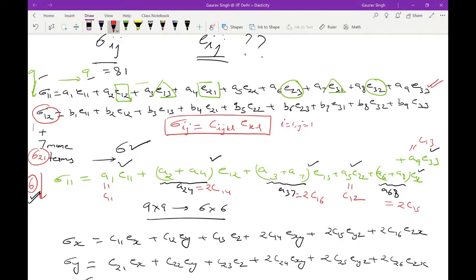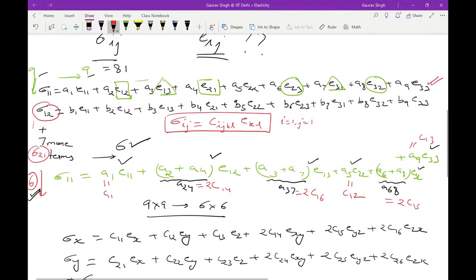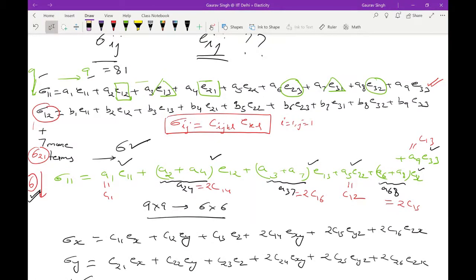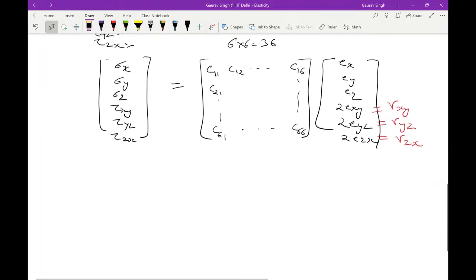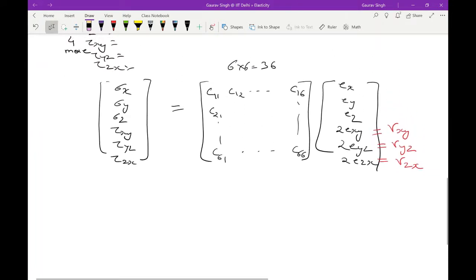Similarly, you want to get sigma 3 2, do the honors. I mean, put i equal to 3, j equal to 2, and then again sum over k and l. So each summation, say over k, will give you 3 terms. So there will be 3 plus 3 plus 3, 9 terms. Okay, so this is how Hooke's law, or the linear elasticity, is written in the 9 by 9 system. So let me just write that over here.